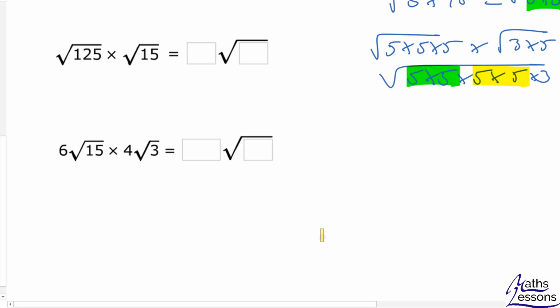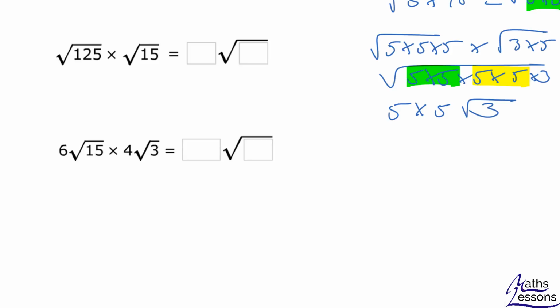And you've got another pair of 5s, so there's another 5 that will come out. So we're going to take out a 5 times a 5, and that will leave us just the 3. So the pair of 5s, when you square root it, it just gives you 5. When you square root these two, you just get 5. So we get 25 out here, and we get a root 3 in there.